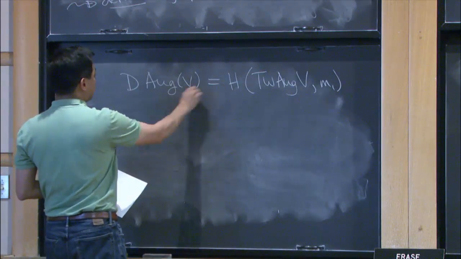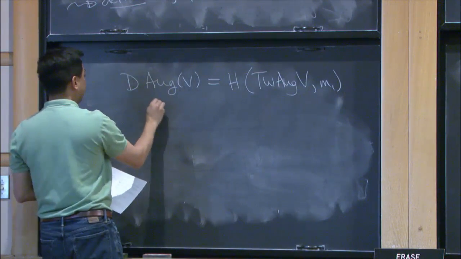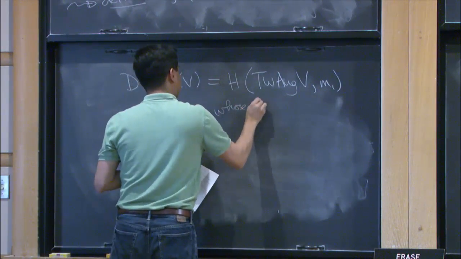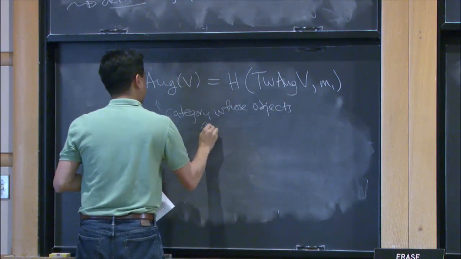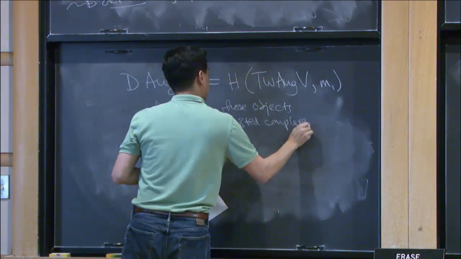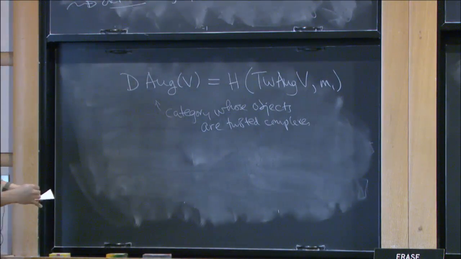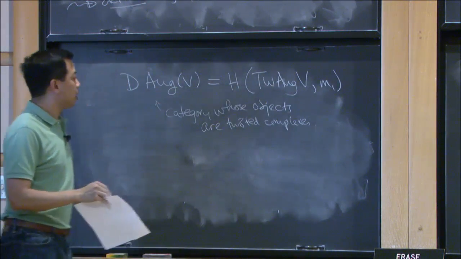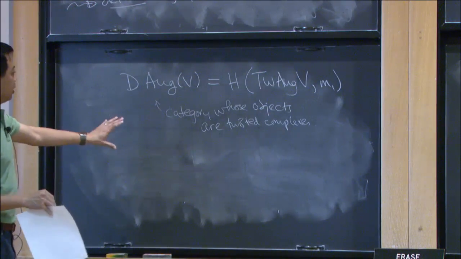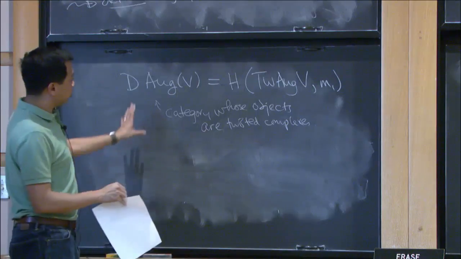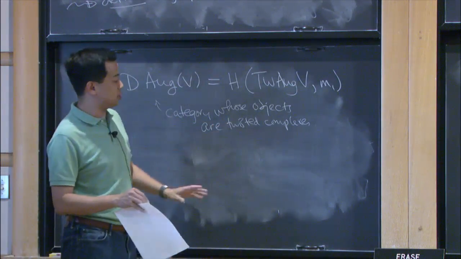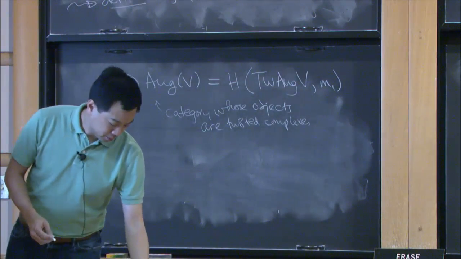Let me just say that this is an honest category whose objects are twisted complexes. The objects are the same as the objects in this twisted category, but the morphisms are a little bit different, but I'm not going to get into those. Either you know what this is, or think of this as a black box: some category whose objects are these twisted things.